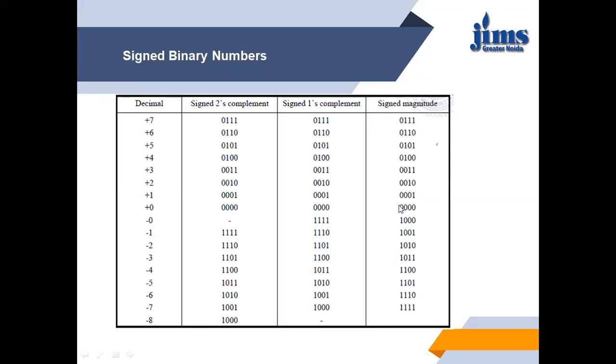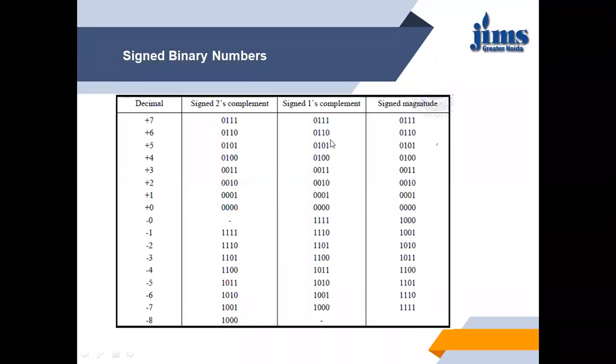So the leftmost bit is 0. Now when we have to represent -0, the magnitude is the same, but we put the leftmost bit as 1. So 1000 is -0, 1001 is -1, and so on up to -7.